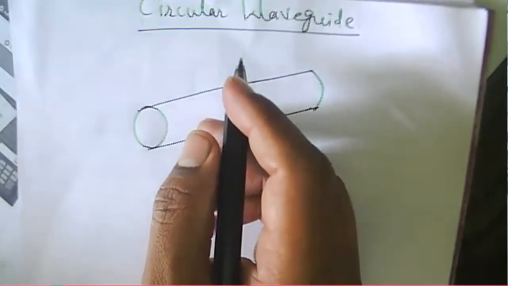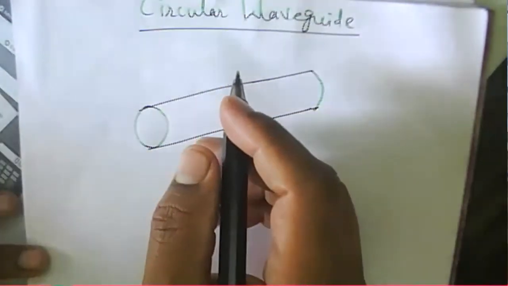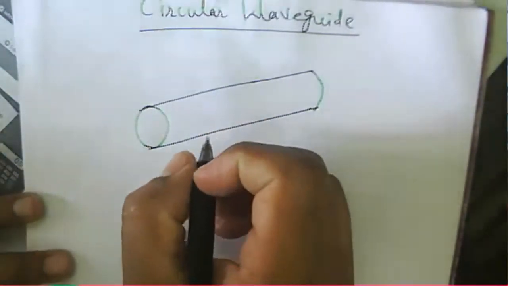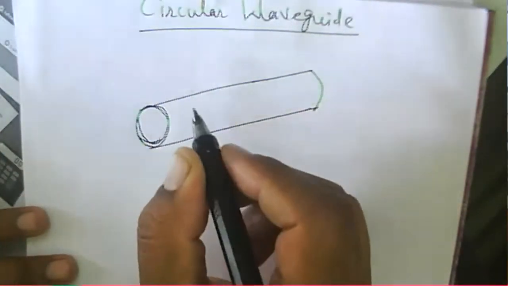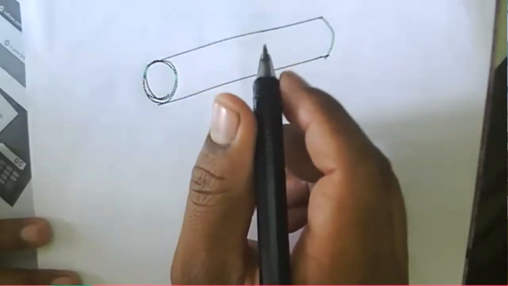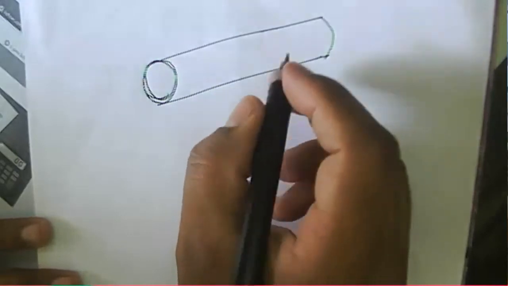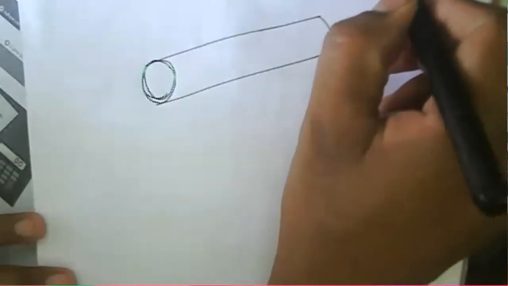We obtain the cutoff, the phase velocity, everything we need to obtain for this circular waveguide. But in our syllabus we need to see the rectangular shape. There is no big difference between the rectangular and circular waveguide.